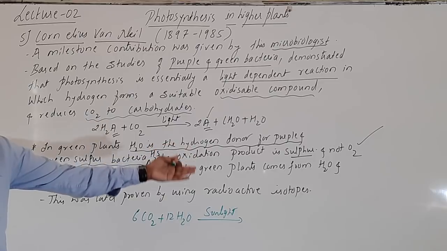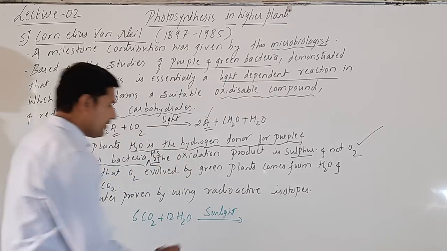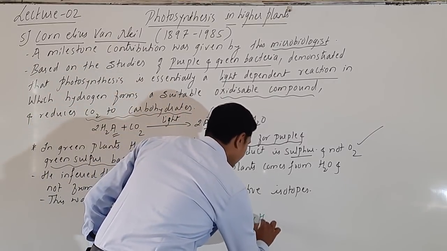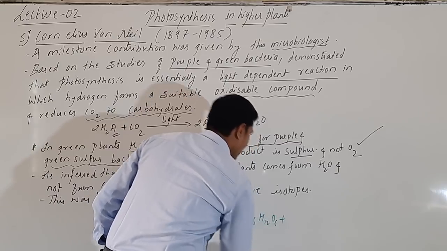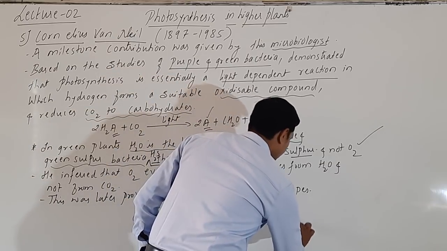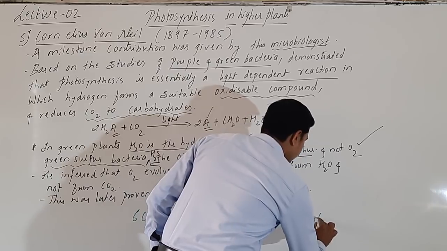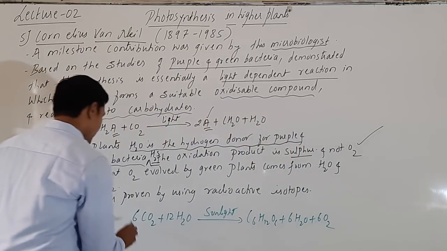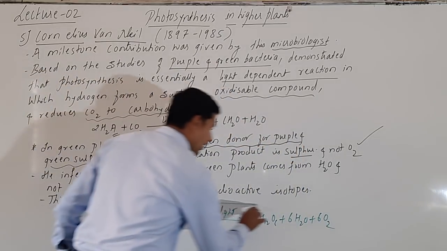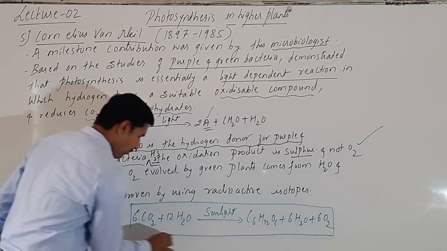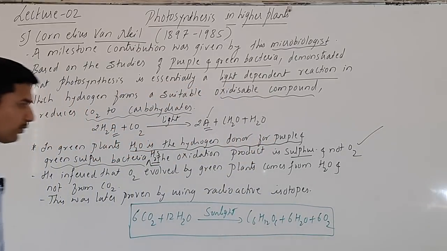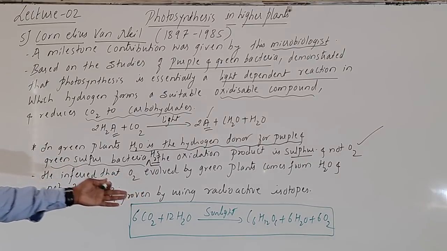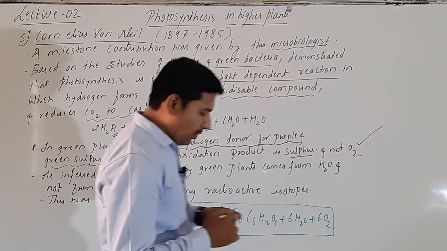Then the product that we get is C6H12O6 plus 6H2O plus 6O2. So this was the final equation for the photosynthesis. So look at the equation here. So this equation was given finally.